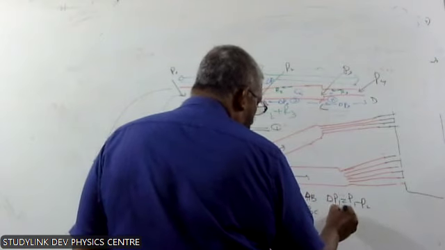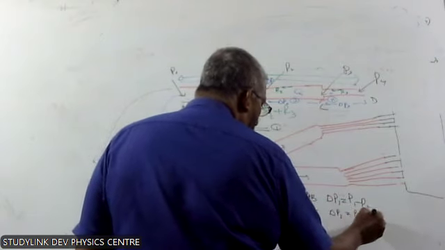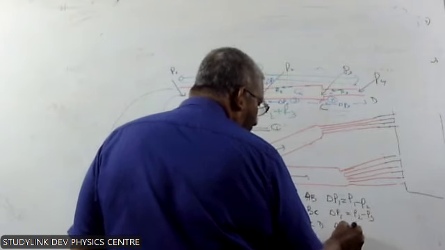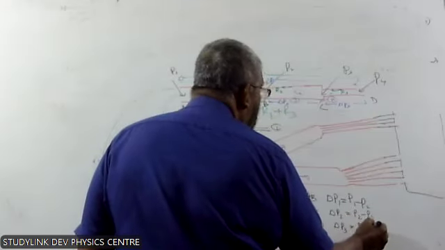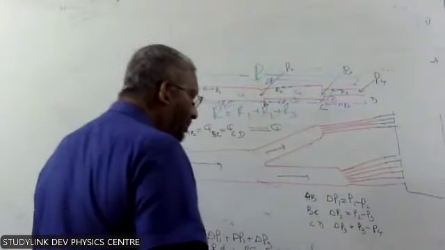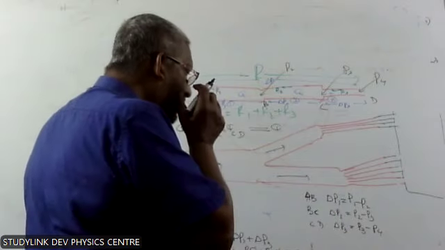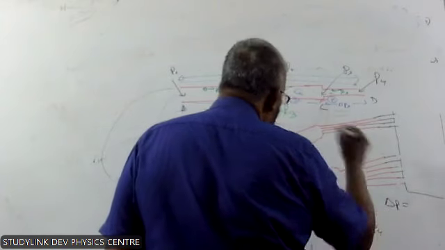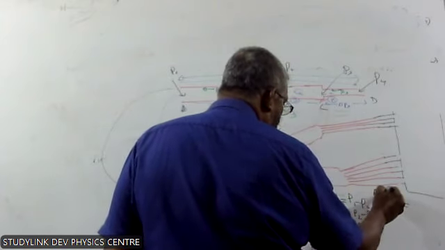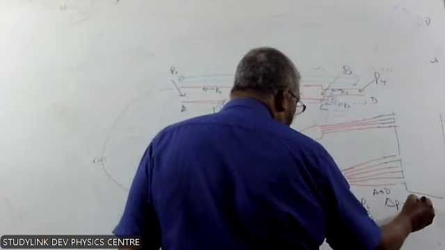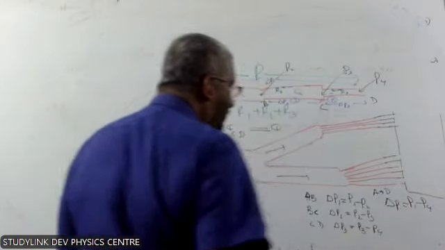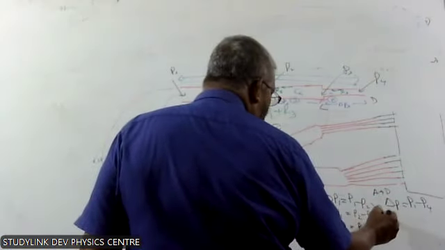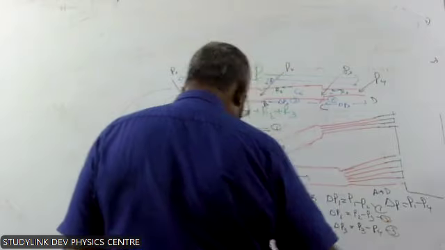BC, delta P2 is P2 minus P3. Then CD, delta P3 is P3 minus P4. Then in common, delta P from A to D directly is P1 minus P4. This is the first equation, second equation, third equation.